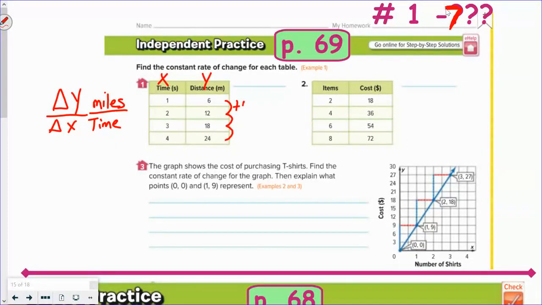Well, each time I'm going up by 6. So it gives me my 6. And then how am I changing each time here? We're changing by 1 each time. Okay, can that be reduced at all? Nope. So that means our CROC is 6 miles per second.